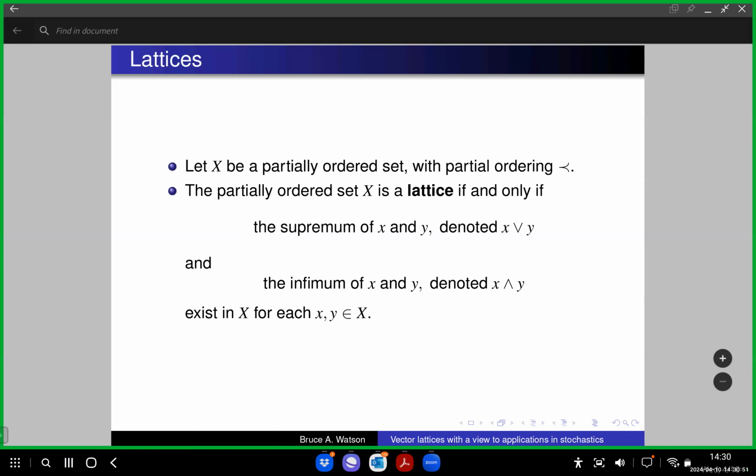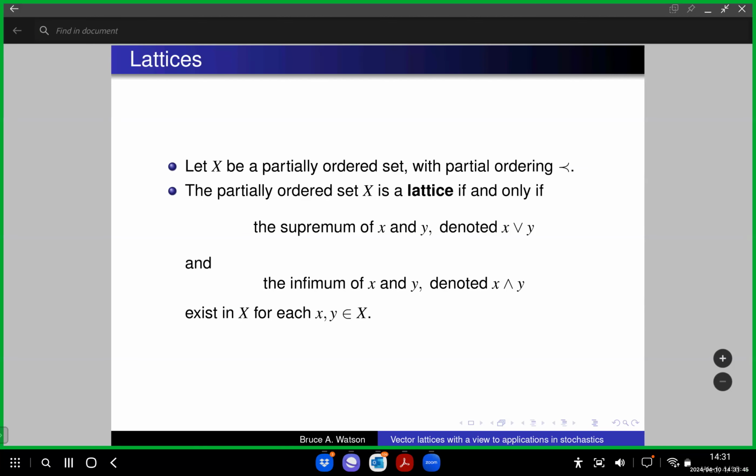So we take a partially ordered set X with partial ordering, and the set X is said to be a lattice if the supremum of every pair of elements, say x and y, of X exists in X, and we denote that by x ∨ y, and the infimum of every pair of elements of X, denoted by x ∧ y, exists in X. Now, we've already defined supremum and infimum, so those only require the notion of partial ordering.